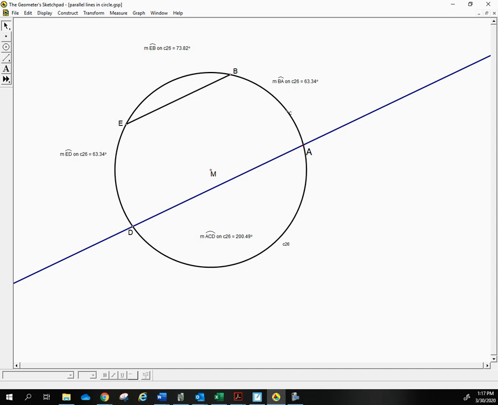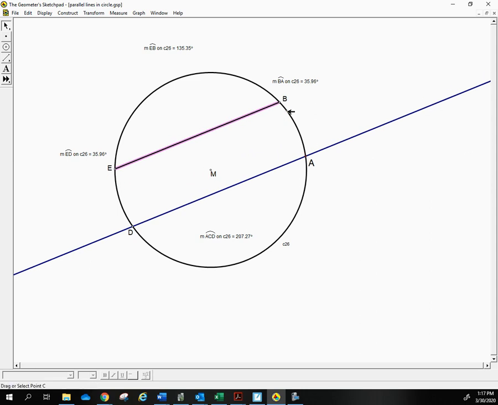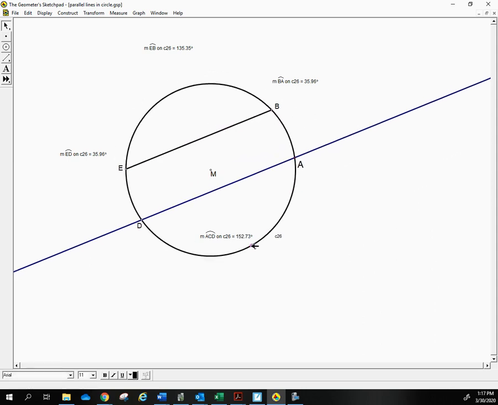Now, the one thing you're going to have to watch out for is if I make these lines right here a little bit closer. Now I have a little bit of a problem because of where I put C, so let me put C down here so it measures a little bit better.